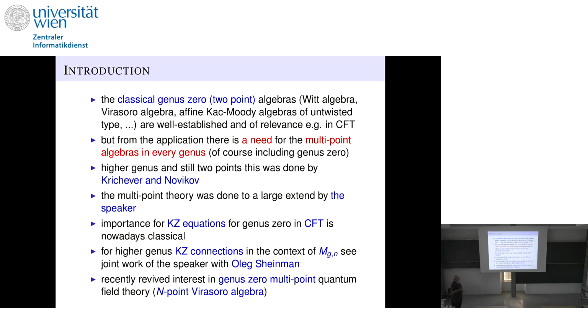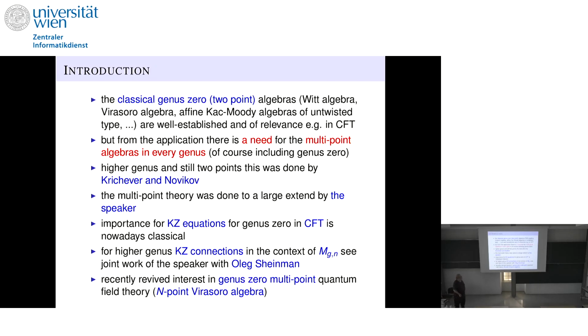In genus zero, you will see in a few slides what this exactly means. And now the higher genus and still two points. This was done by Krichever and Novikov a long time ago. And the multipoint theory was done to a large extent by the speaker, by myself.